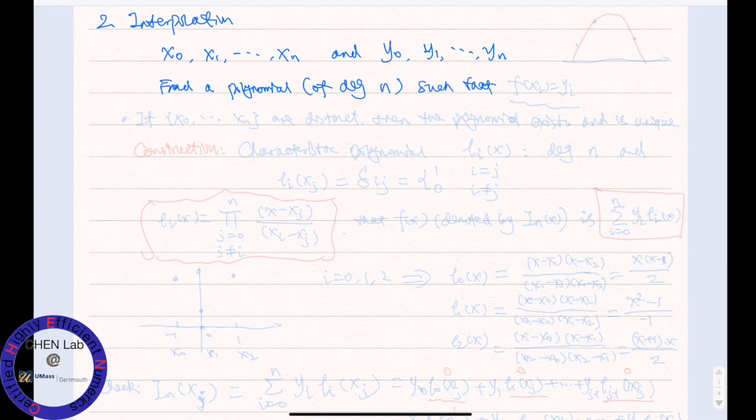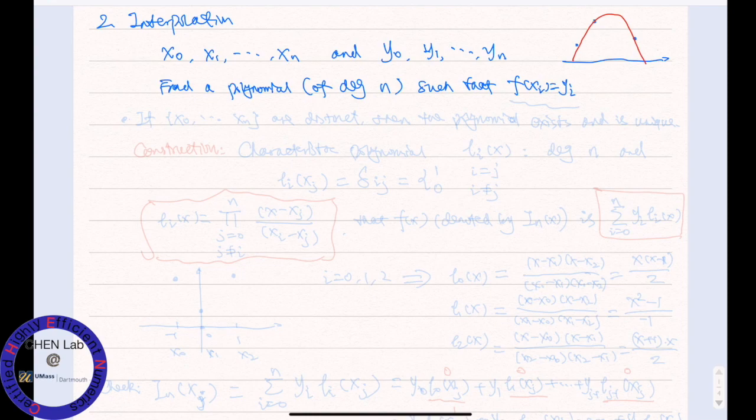Such that f(xi) is equal to yi, right? f(xi) equals yi. And so basically you have a few points, and the goal is to find a polynomial to connect them, right?